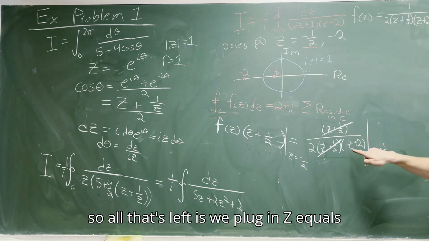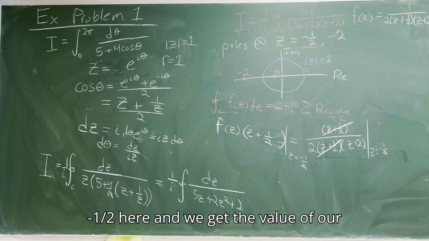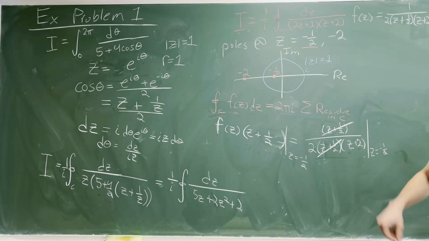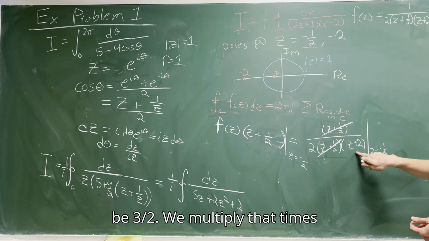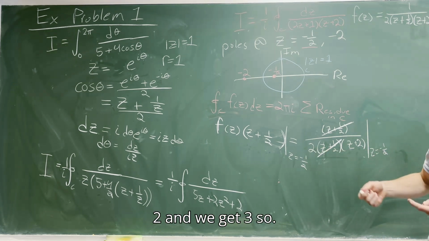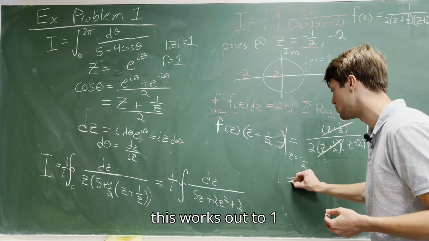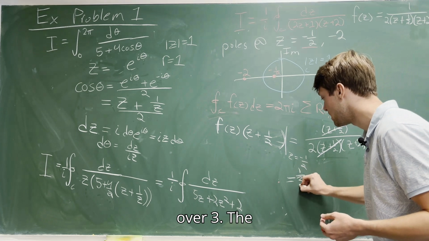And so all that's left is we plug in z equals minus 1/2 here, and we get the value of our residue. Minus 1/2 plus 2 is 3/2. We multiply that by 2, and we get 3. So this works out to 1 over 3.